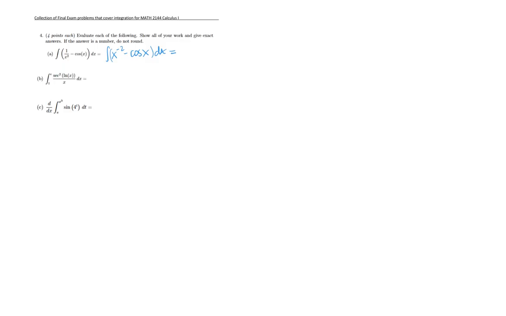So an antiderivative of x to the minus 2 will be, the power of x is going to go up 1, so negative 2 plus 1 is negative 1, and I'm going to divide by the new power. And then we know that sine has derivative cosine, so the antiderivative of cosine will be sine x, plus c. So I can rewrite this as negative x to the minus 1 minus sine x plus c.